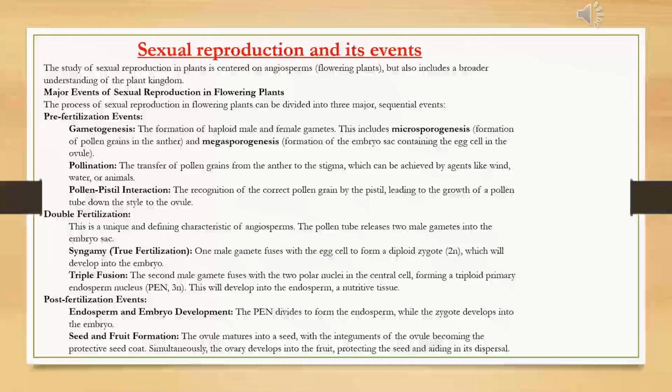The ovule matures into the seed with the integuments of the ovule becoming the protective seed coat. Simultaneously, the ovary develops into the fruit, protecting the seed and aiding in its dispersal.